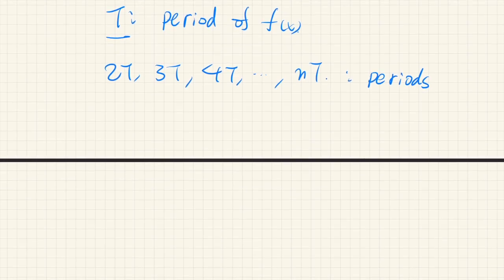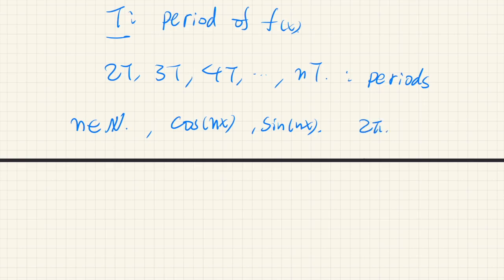Let's see an example. For each natural number n, cosine nx and sine nx have a period of 2 pi. So 2 pi is a period for all these functions. And for each of these functions, the fundamental period is 2 pi over n. Let's consider the cosine function.